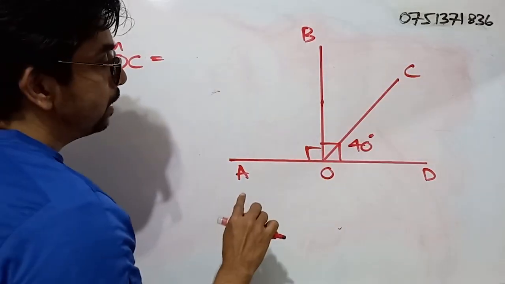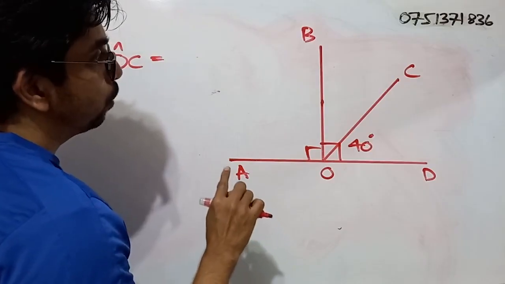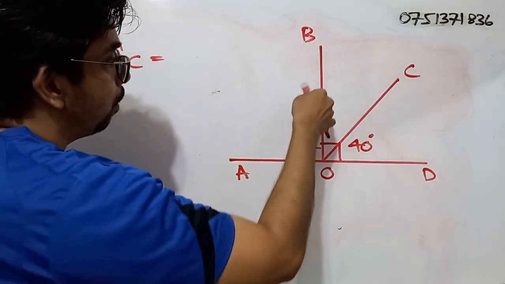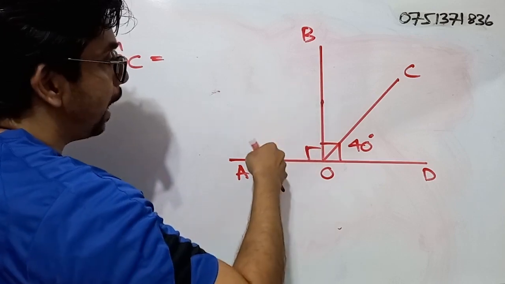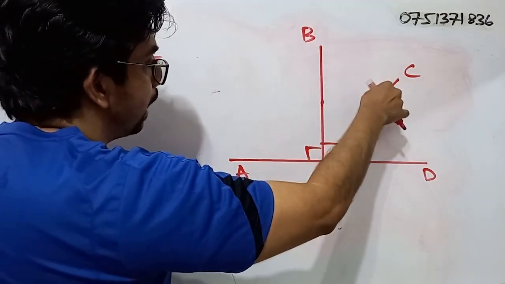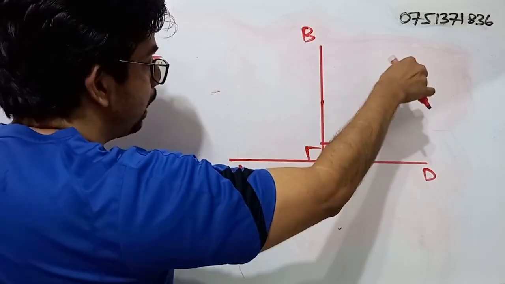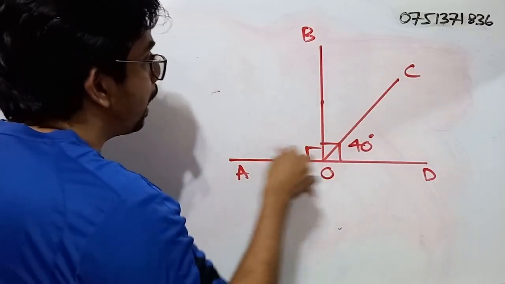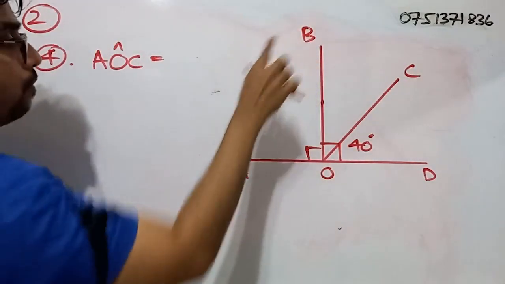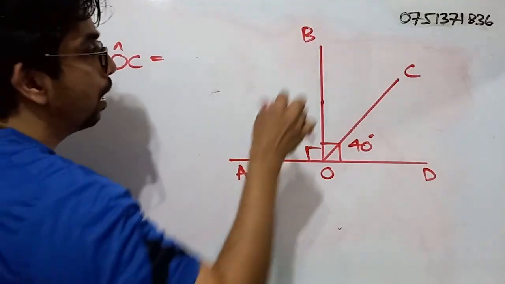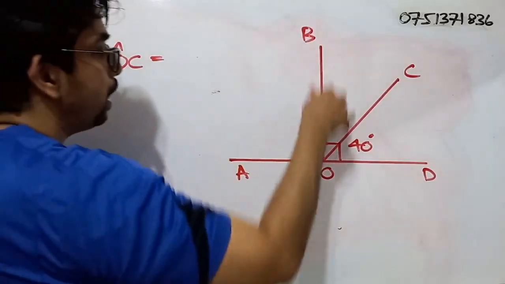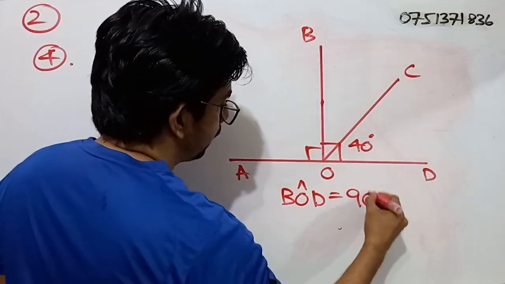So the fourth part, AOC. That means in order to get the magnitude of AOC, we need this entire angle along with this angle. That means BOC, and we have to add AOB. AOB we know, which is 90 degrees. What is BOC? BOD. What is that? That is 90 degrees.